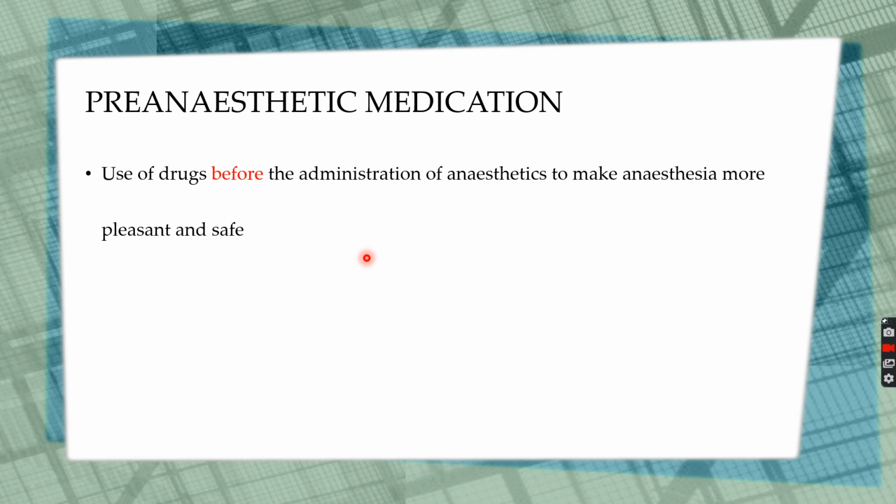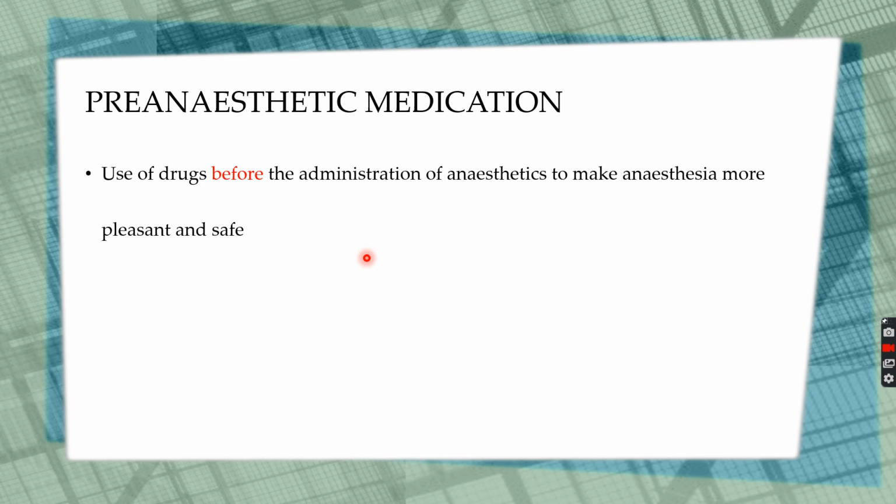So we are taking care of the respiration, because of which there are many other problems that can happen. Therefore, in modern day, anesthesia has to be associated with a pre-anesthetic medication. So pre-anesthetic medication consists of a set of drugs which are given before administration of anesthetics.